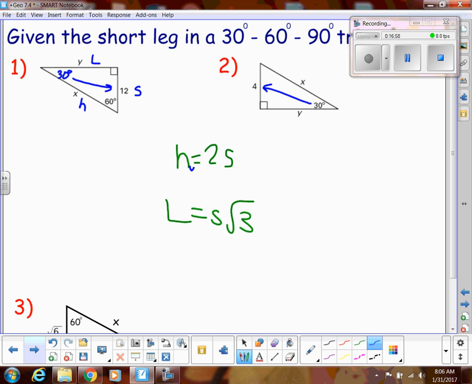Okay, so the hypotenuse is 2 times the short side. And if I wanted to get the long side, or the long leg, I would just take my short side times the square root of 3.